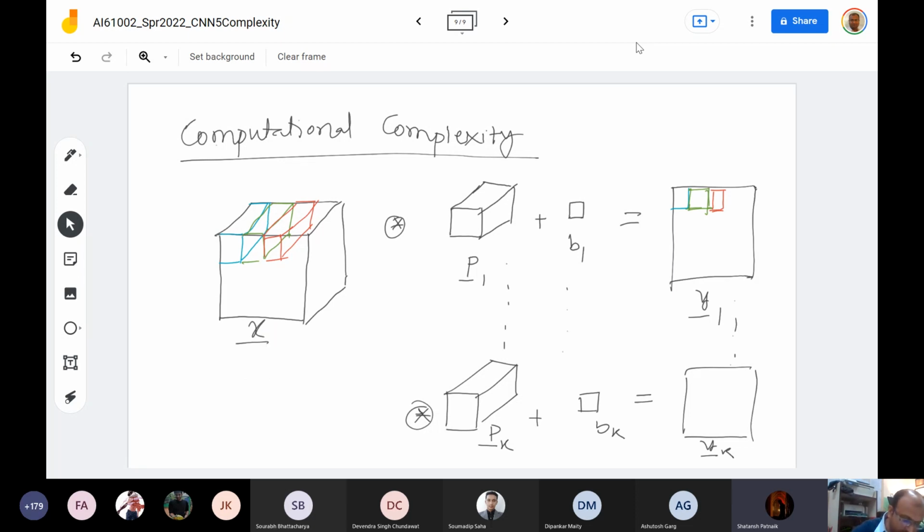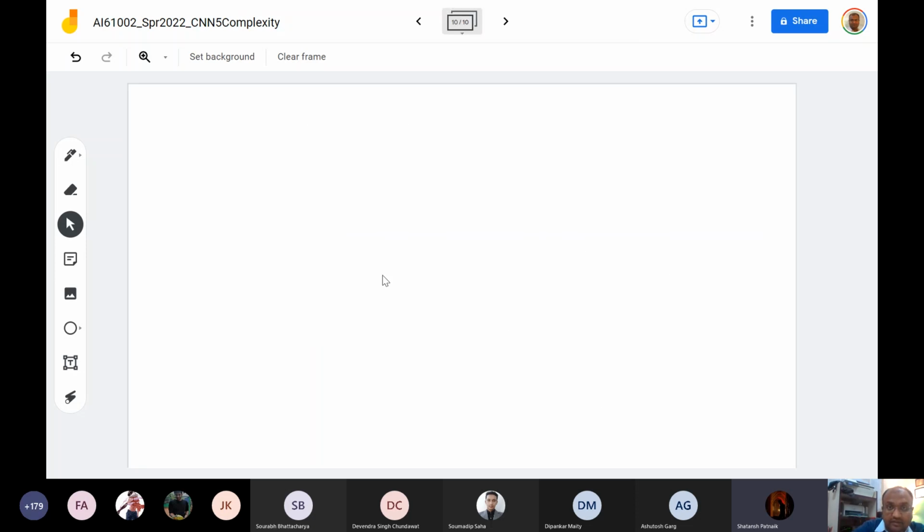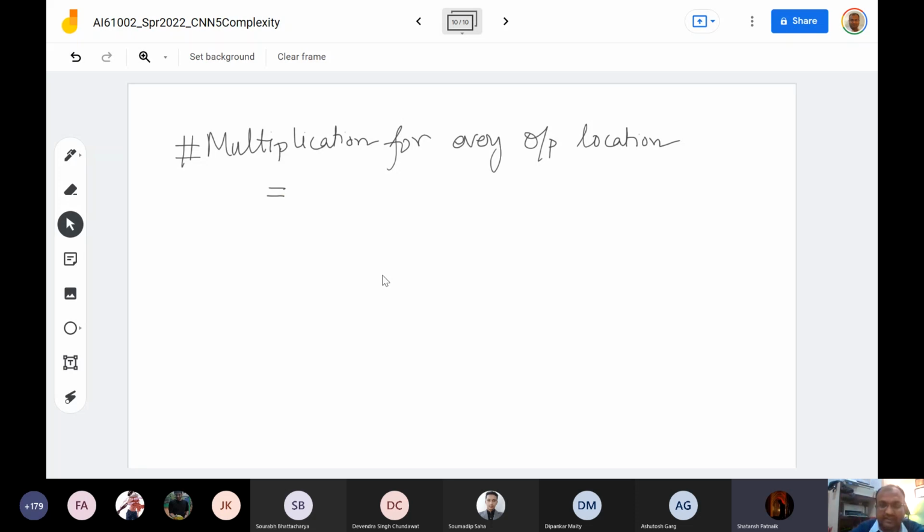At a given location, what is my total number of multiplications for every output location? I have W, H and C number of elements which are multiplied by each other, so there will be CWH.